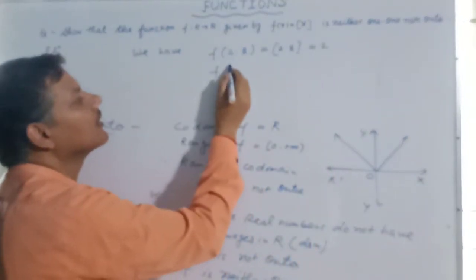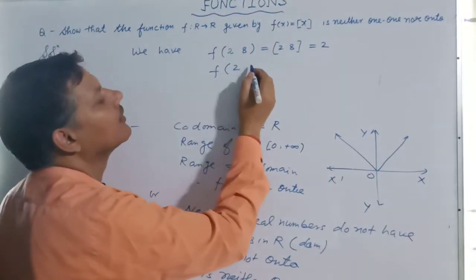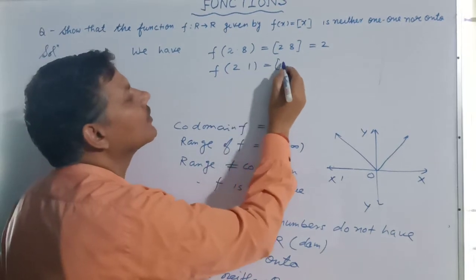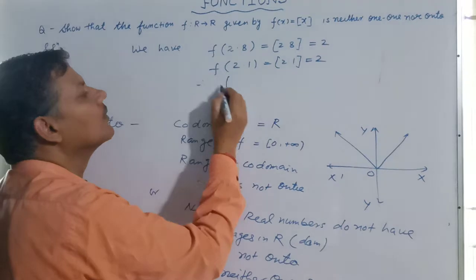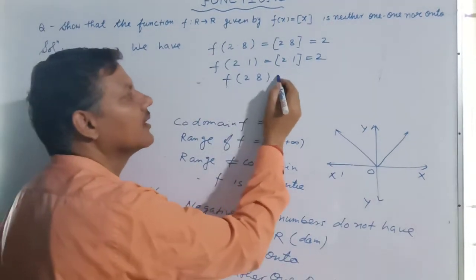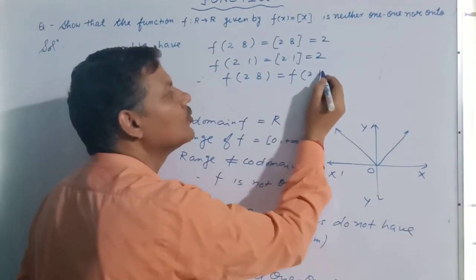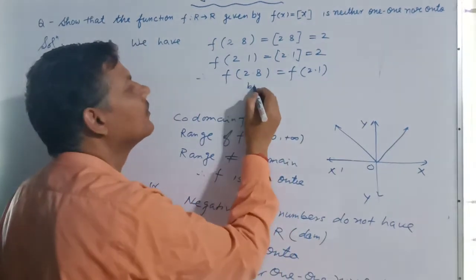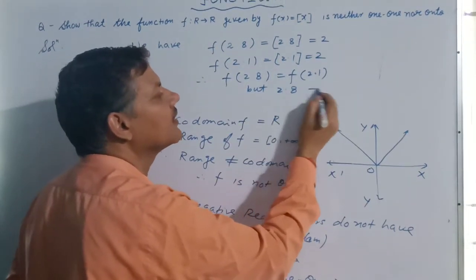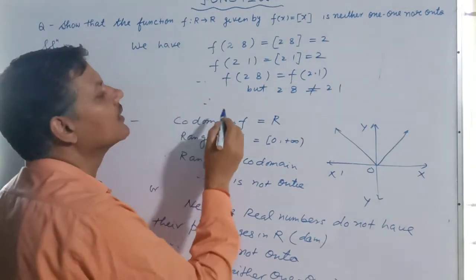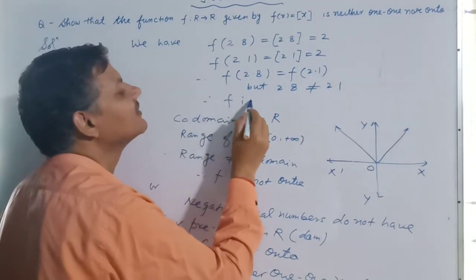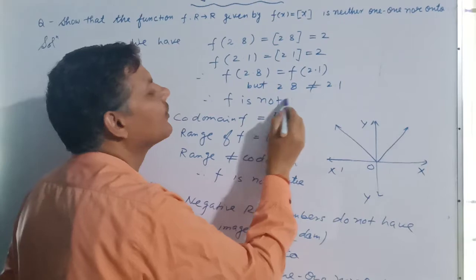At the same time, when I write 2.1, it also comes as 2. Therefore the image of 2.8 equals the image of 2.1, but 2.8 is not equal to 2.1. Therefore f is not one-one.